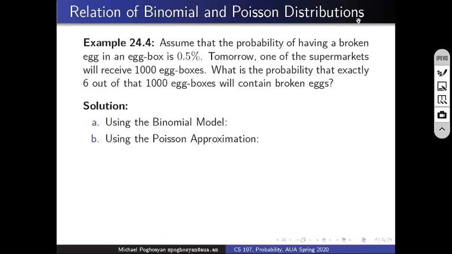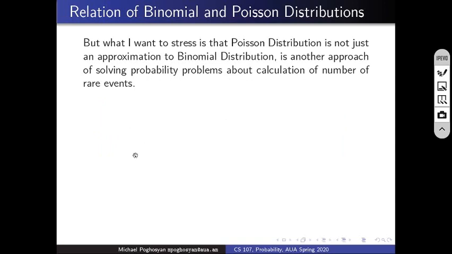Okay, let's move back to our lecture, to our slides. We have solved this problem. Let's move forward. I want to stress that this is important: the Poisson distribution is not just an approximation of the binomial distribution.